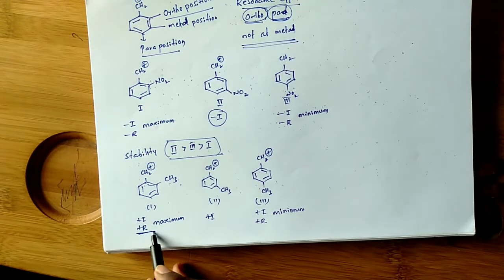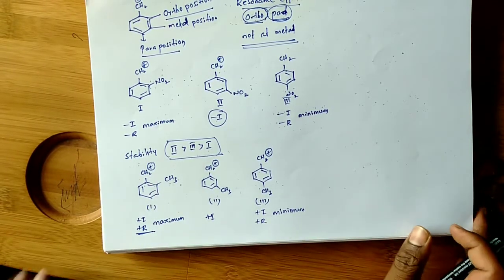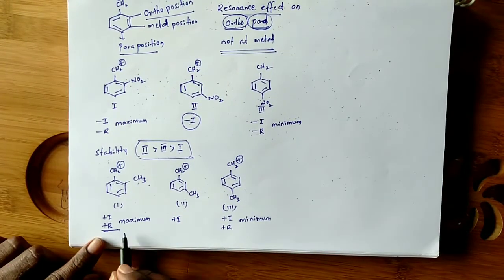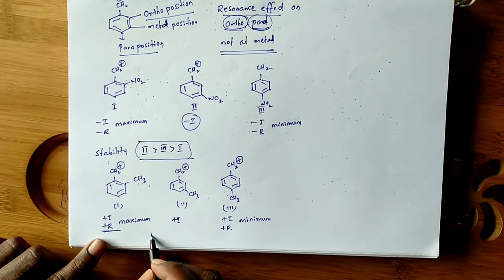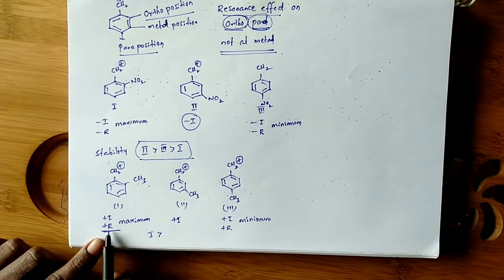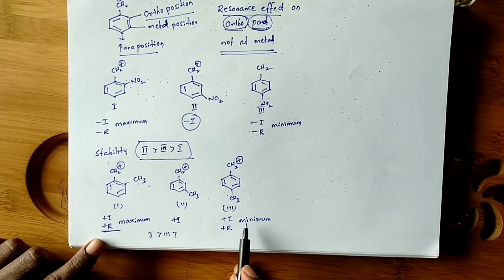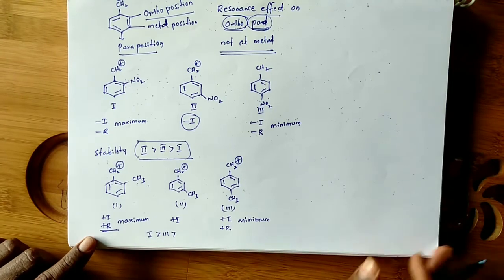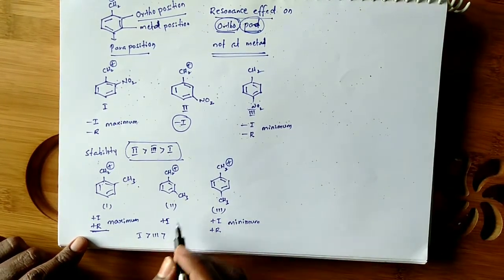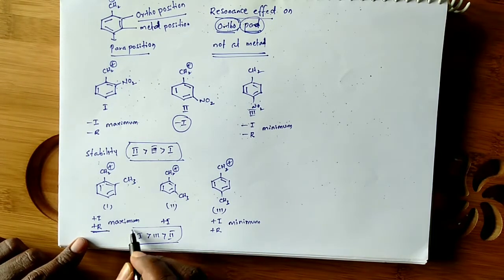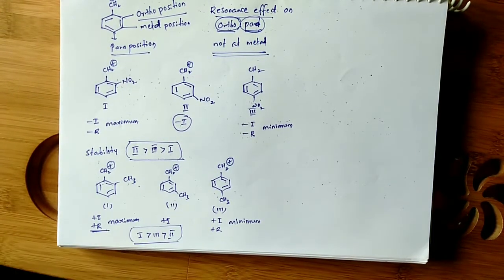Here two effects are stabilizing the carbocation, here one effect, and here also two effects. Among these three, the first one is most stable because two effects are stabilizing. Then the third one is more stable; here also two effects, but compared to the third one, in the first case the effect is maximum. Then the least stable is the second one. This is the stability order.